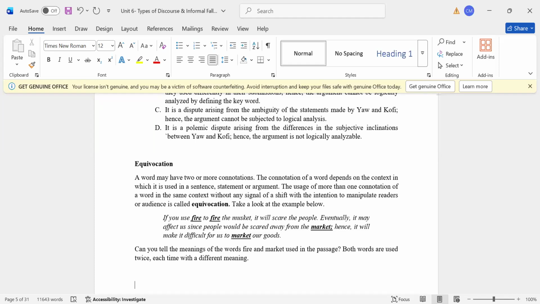Equivocation. The first meaning of the word market is different from the second meaning of the word market. And this is used in the same sentence. So how do you resolve an equivocation? You resolve it by replacing the second usage of the word with a synonym.